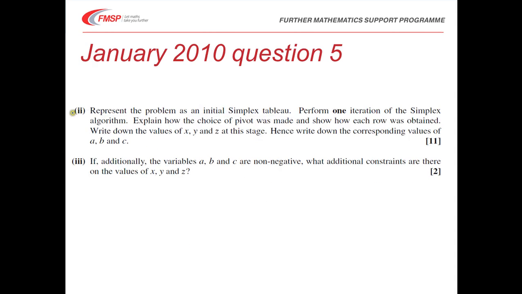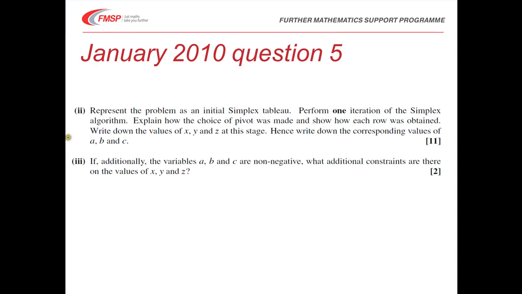We then in part 2 have got to represent the problem as an initial simplex tableau, perform one iteration of the simplex algorithm, explain how the choice of pivot was made and show how each row was obtained, and then write down the values of x, y and z at this stage and hence the corresponding values of A, B and C. And then in part 3, if additionally the variables A, B and C are non-negative, what additional constraints are there on the values of x, y and z?